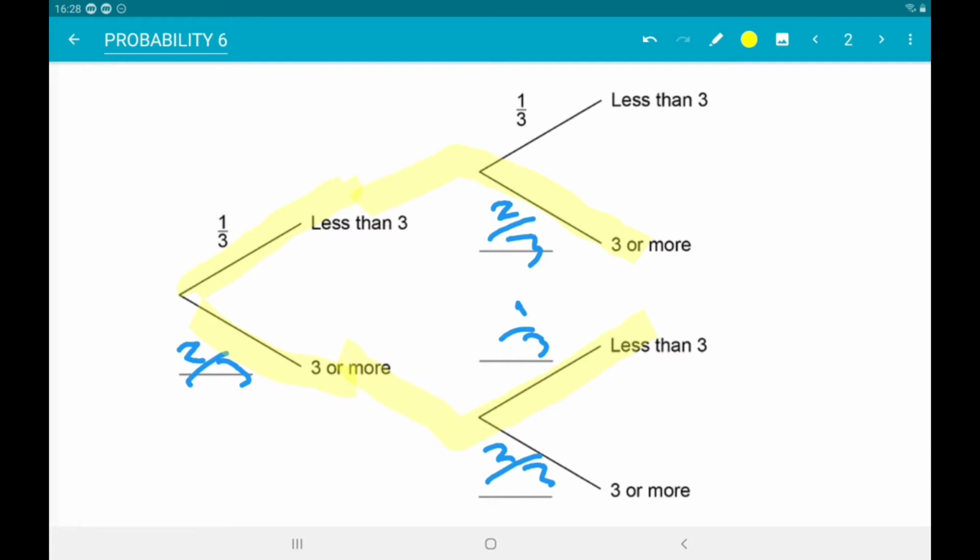So now we have 2 probabilities to work out, and then we add them together.